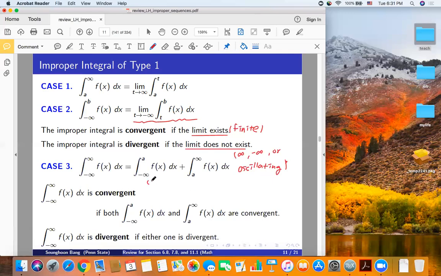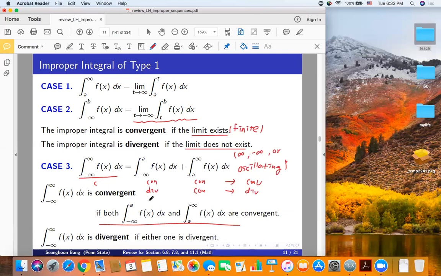What about the last case here? The first one is convergent. The second one is convergent. What's the answer? This one is convergent, meaning both are convergent. The first one is divergent, the second one is convergent. What is the answer? Divergent.